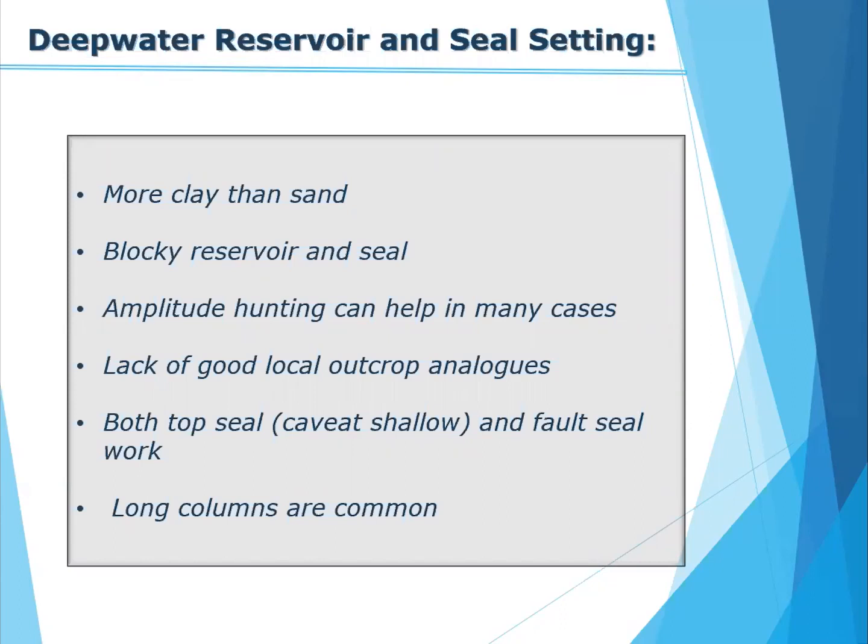So it is really driven to a large degree by geophysics here. And then both top seals and fault seals work. So we have clay smearing and we have also good top seals. And last but not least, long columns are very common in that setting.